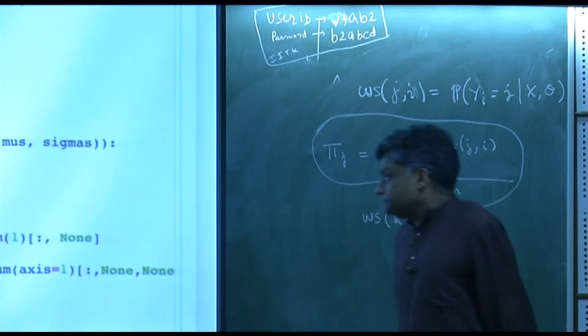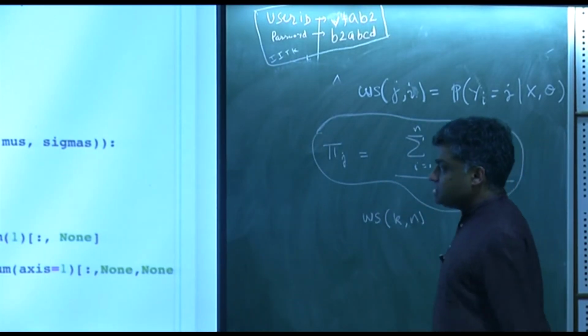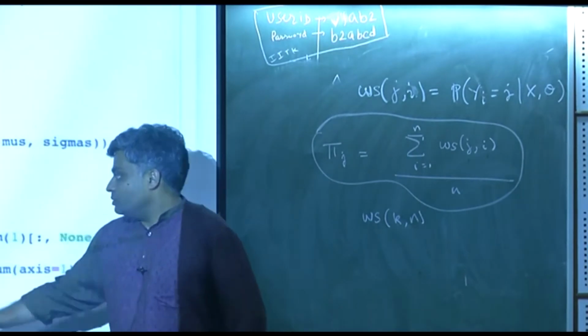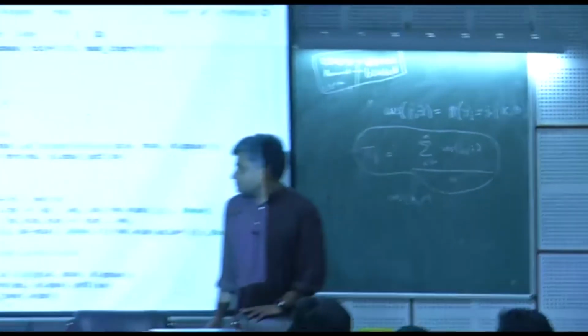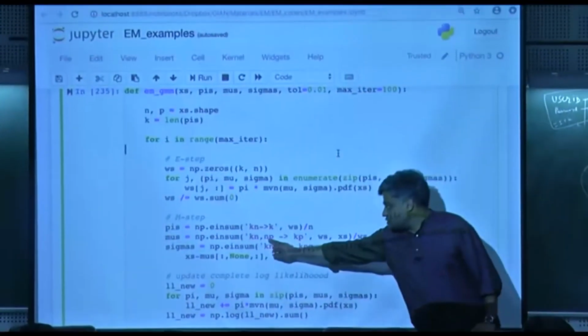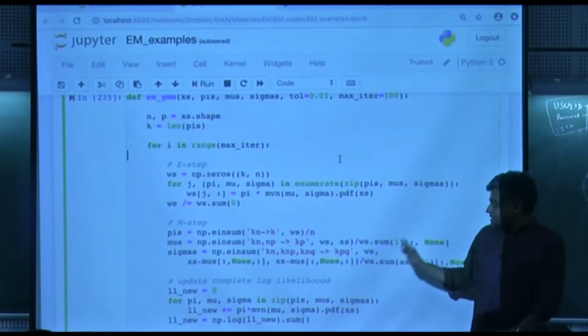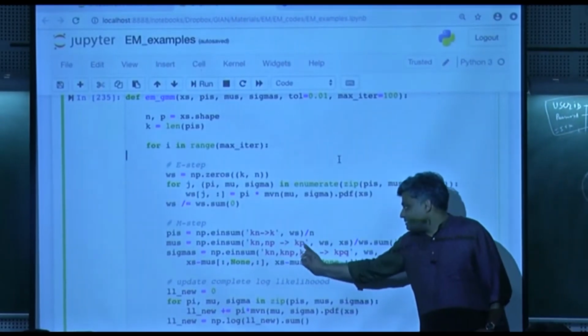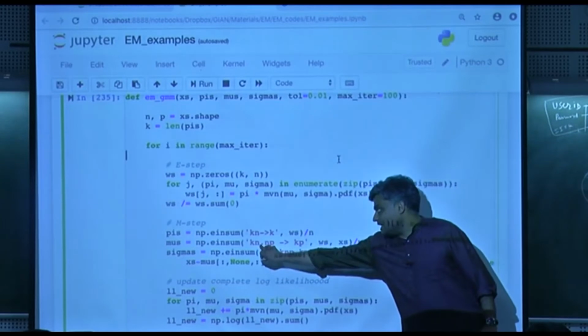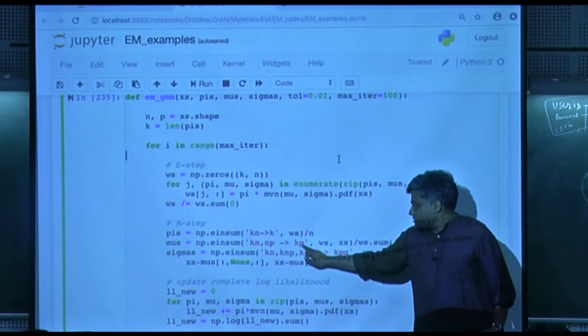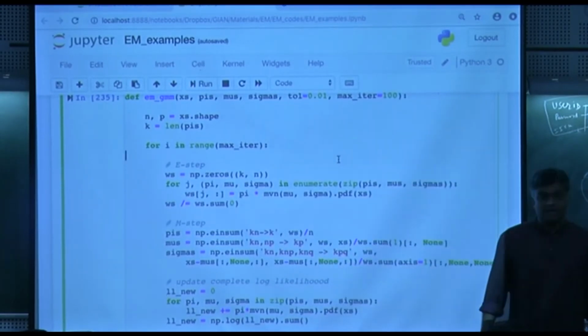The next one says that they have two matrices, WS, which is of dimension k by n, and XS, which is of dimension n by p, and at the end you want a dimension k by p value. So whatever is in the middle, which is n, which is not the right dimension over here, just sum over that.